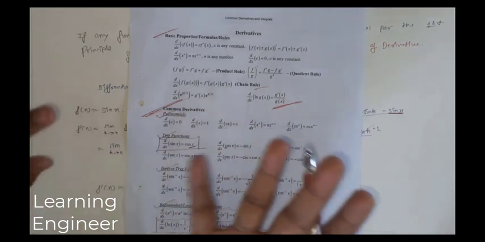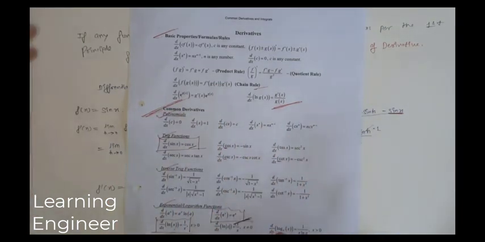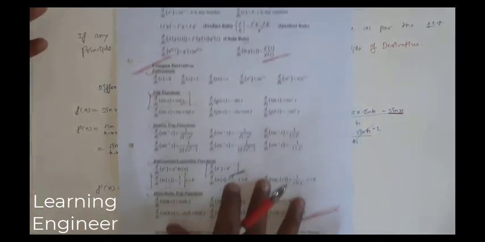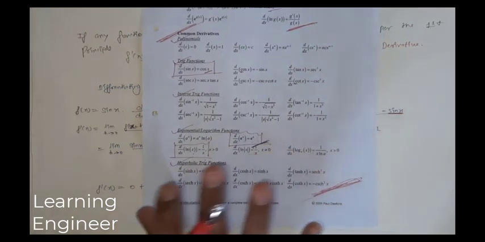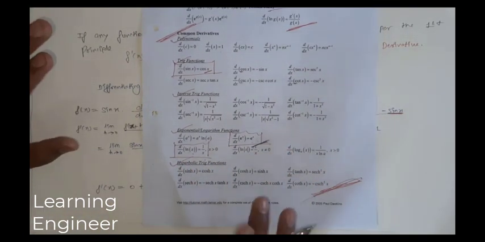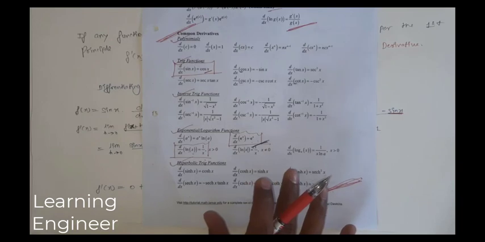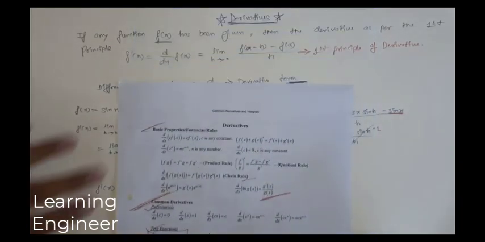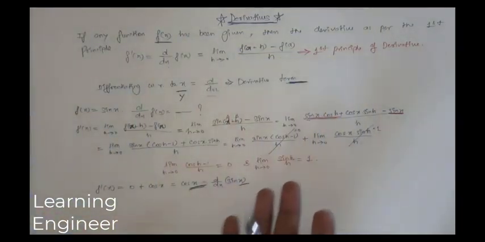That means the uv rule, then the u by v rule, then the chain rule. But after understanding the concept, that becomes much easier to understand. So this is all about the basics of derivative, which we have discussed in this particular lecture.